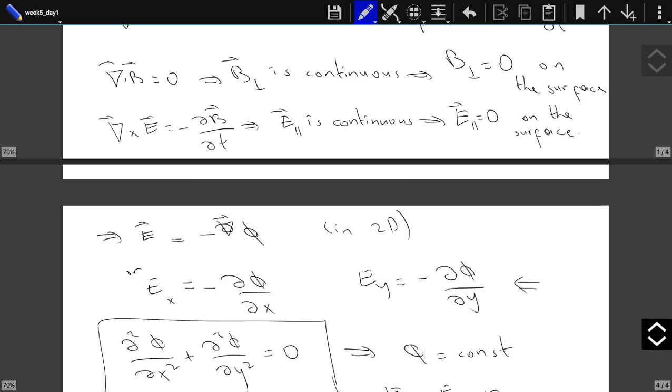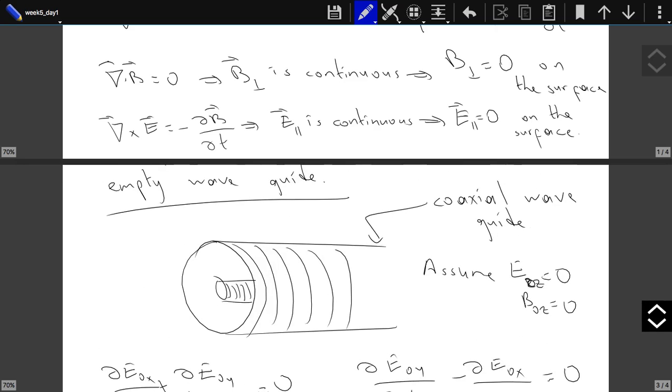You see, why doesn't this argument work in the case of the coaxial cable or coaxial waveguide? You see, the outer boundary is an equipotential surface. Similarly, the inner boundary is an equipotential surface, but the inside and the outside need not have the same value. They can have different values.